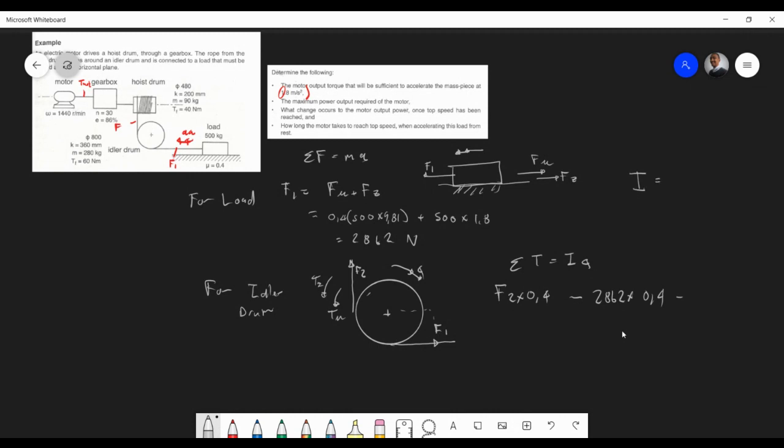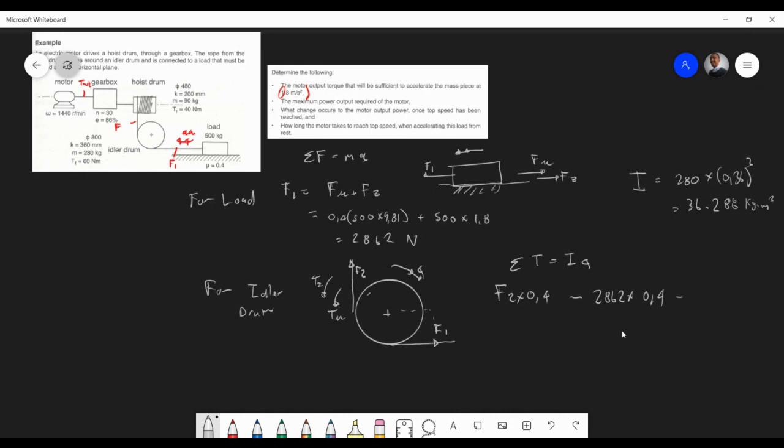And I is going to be mass 280 times 0.36 squared, and 280 times 0.36 squared gives you 36.288 kilogram meter squared. That's the rotational inertia.